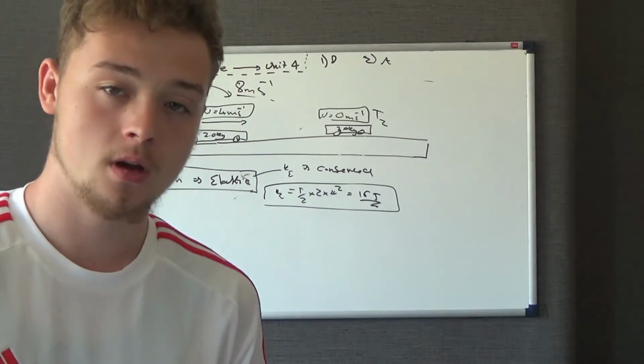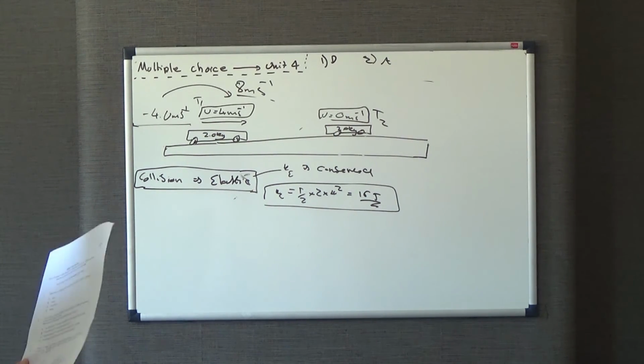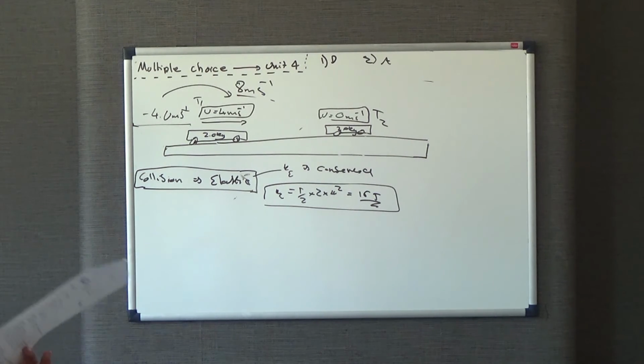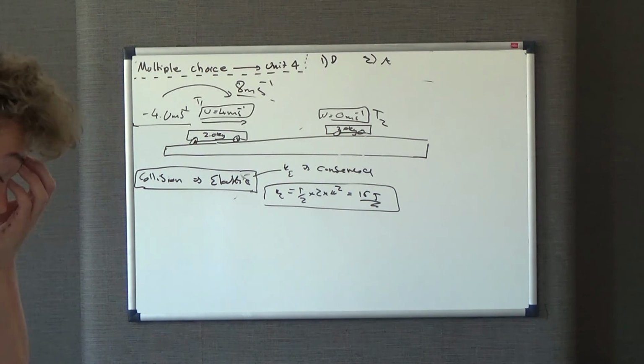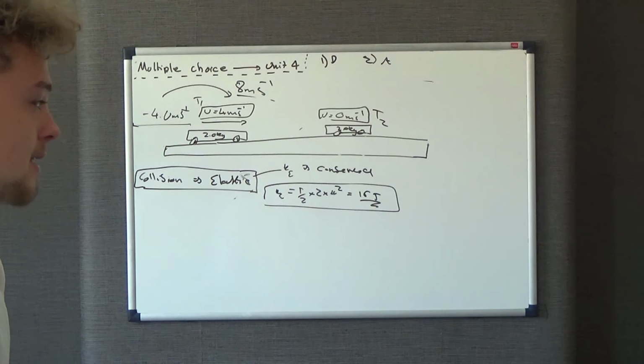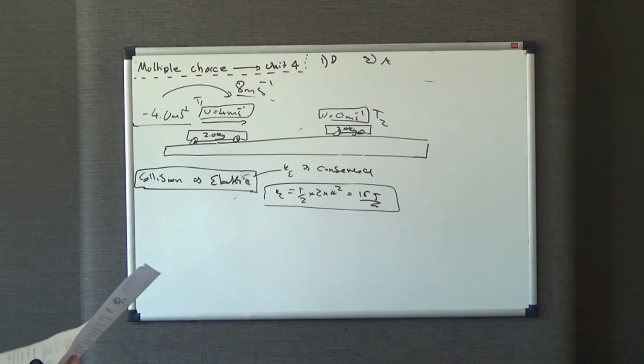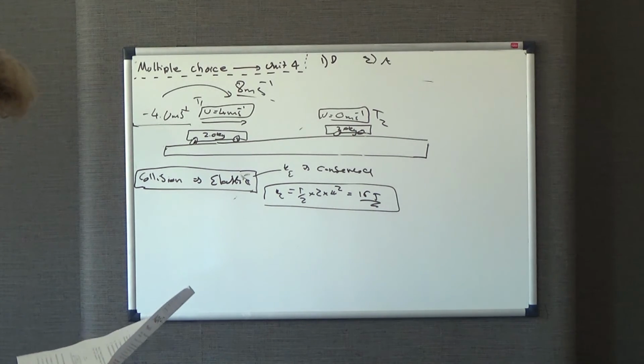So you can see even in that situation, momentum is not conserved. Or is it? No, it's not. Sorry, I put that wrong there. Momentum is not conserved in that one. But anyway, velocity is negative, so therefore it's not going to be B. Okay, so therefore it's going to be A.